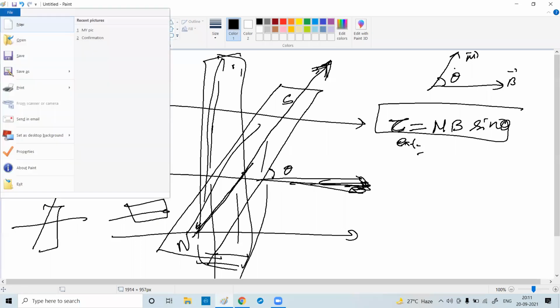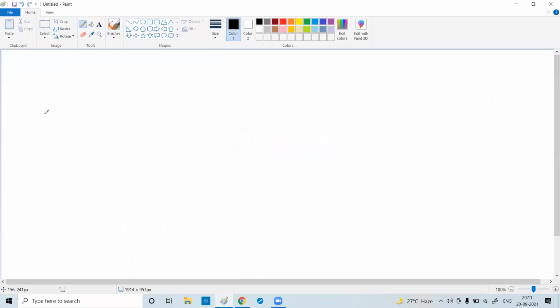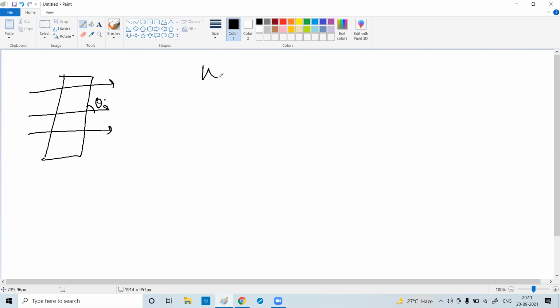Again we'll draw the diagram. So what is W? If you remember, W was F dot S in the linear domain, but we are talking about the rotational domain. So dW will be what?